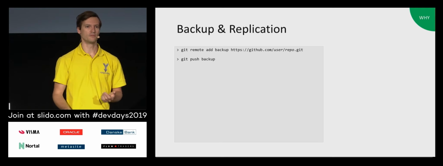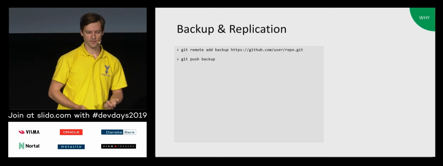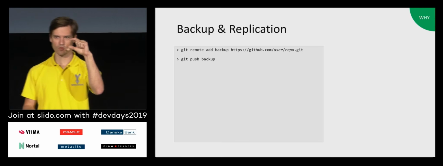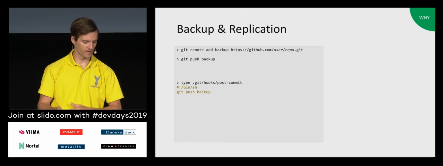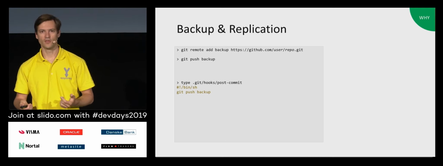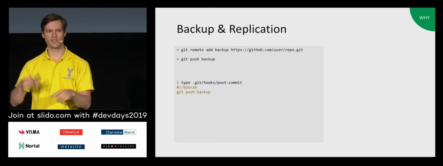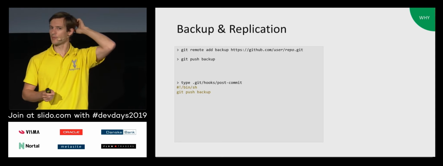Then replication. Replication is essentially just continuous backups. What you can do in Git is create a hook, which is a piece of script that gets executed after every commit. And you tell it that after every commit, do a push. That means that if I save a value, it's immediately pushed to a separate repository.